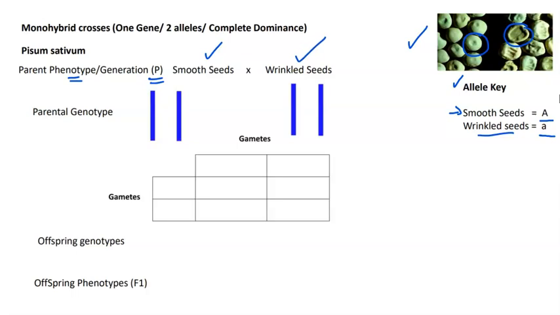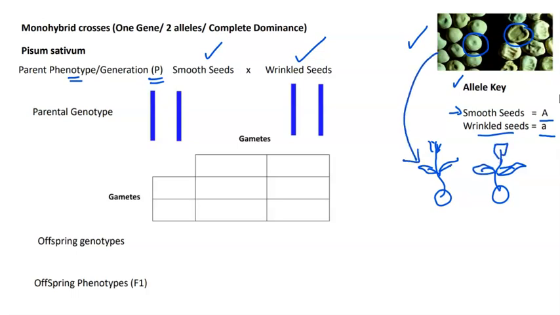Now, of course, these seeds will need to be planted, they will need to grow, they will need to produce flowers before they can actually be crossed in the genetic cross. So that's what we would do. We would take some of these seeds, grow them, some of these seeds, grow them. Once we've got flowers, we would then cross-pollinate, and that cross-pollination is illustrated in this diagram to the left.